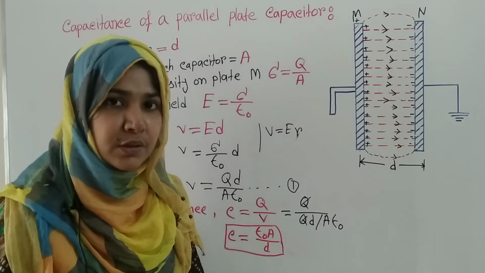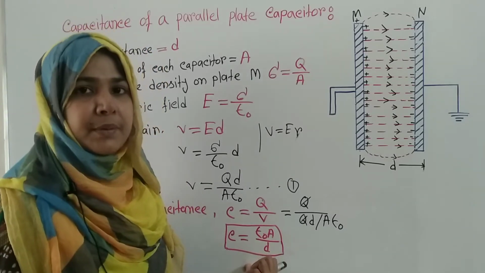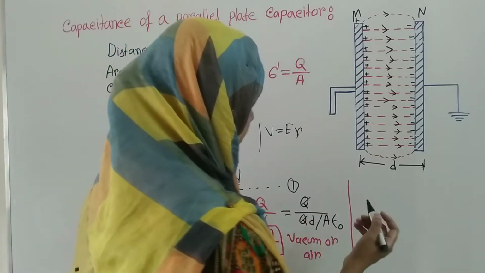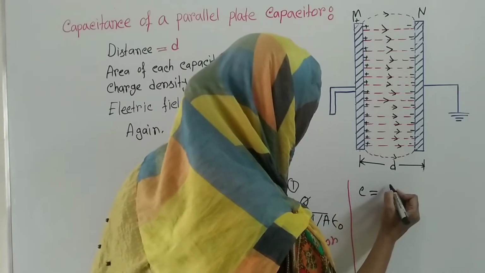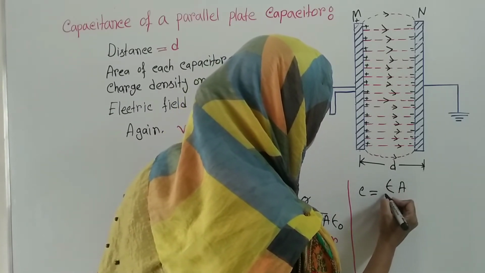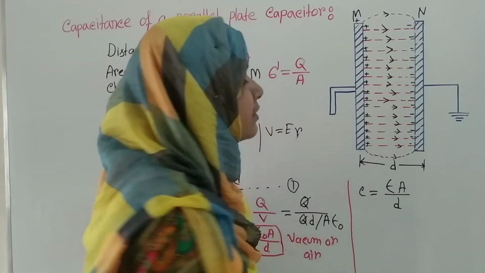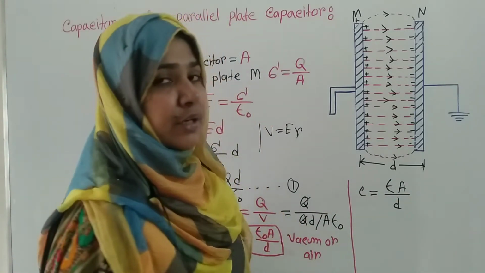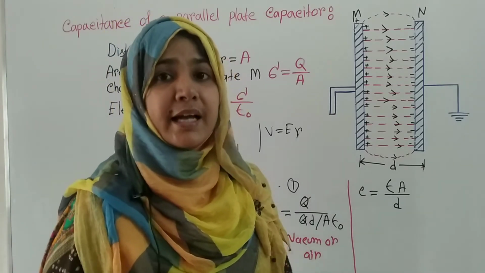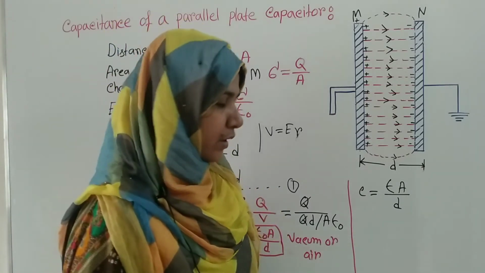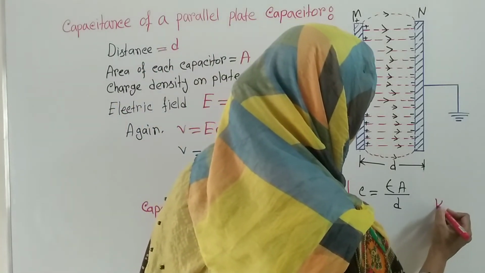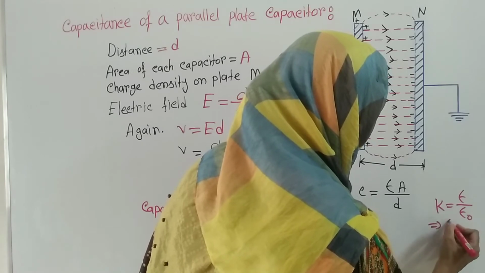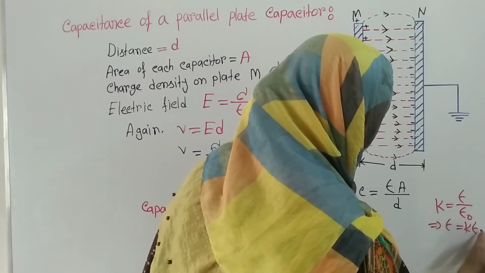But if you want to calculate the capacitance of a parallel plate capacitor in any other medium, we can write C is equal to epsilon A by D. Here epsilon means the permittivity of the medium, and from the equation of dielectric constant, we already learned that K is equal to epsilon divided by epsilon naught, that means epsilon is equal to K epsilon naught.